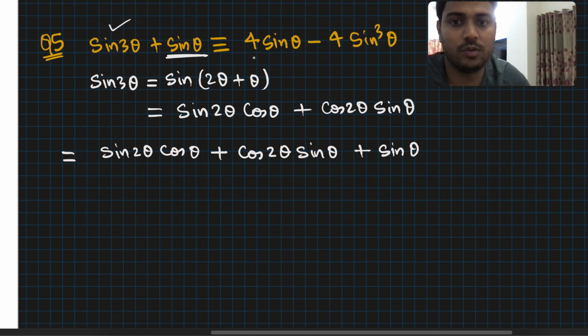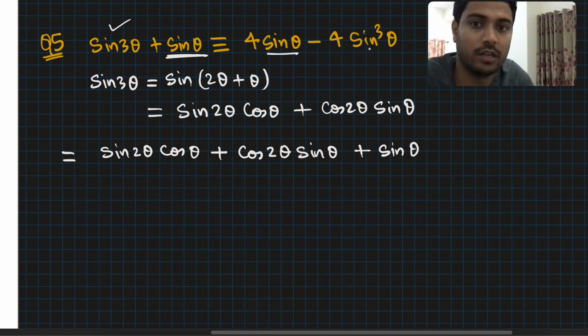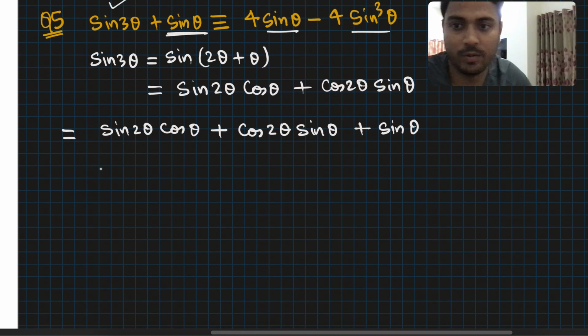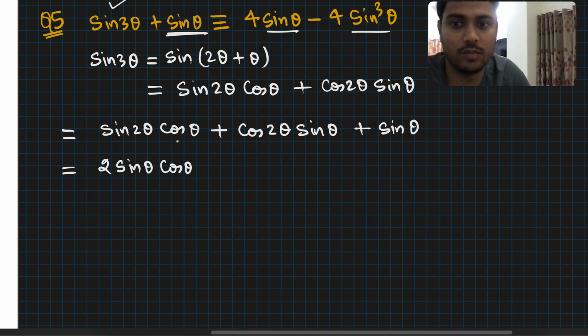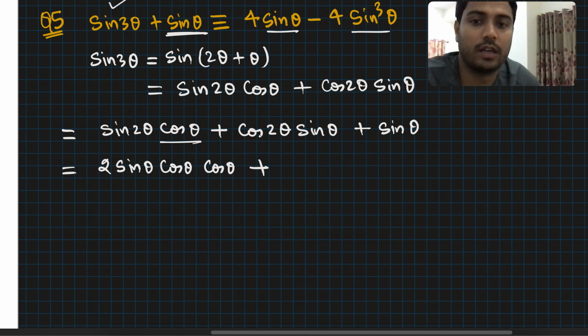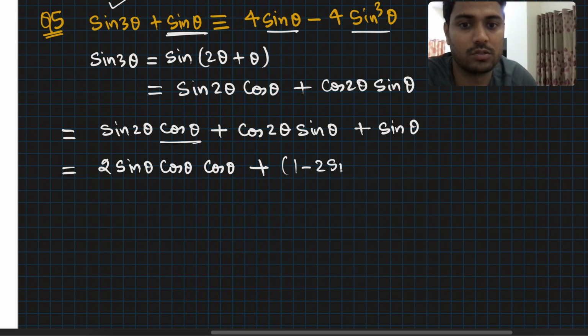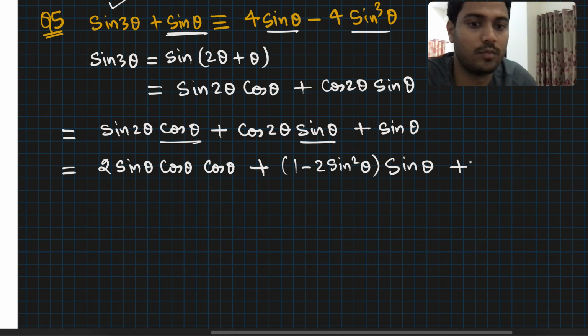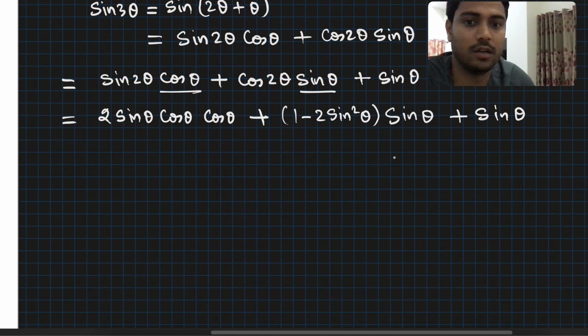Now let's expand this. We have to convert everything in terms of sine. We just have to remember that sine 2 theta can be written as 2 sine theta cos theta, multiplied by cos theta again, plus cos 2 theta, which I can write as 1 minus 2 sine square theta, multiplied by this sine theta outside the bracket, plus sine theta.